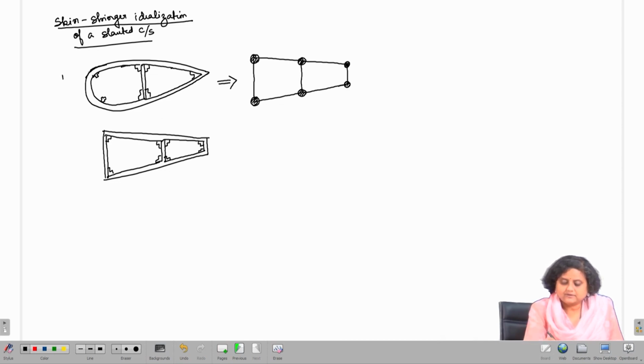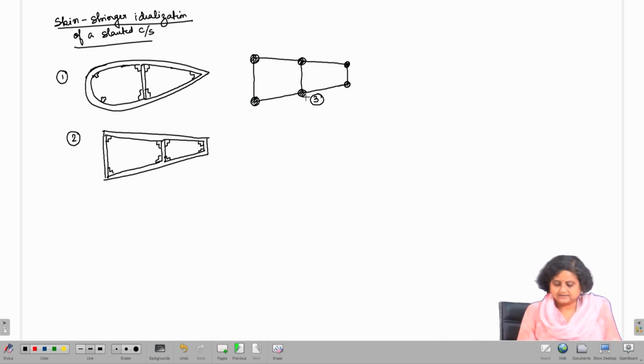So, this is the actual, then the intermediate approximation would be this, and this would be the final Skin-Stringer idealization. So, from here we will move on to here, and from here we will move on to here.